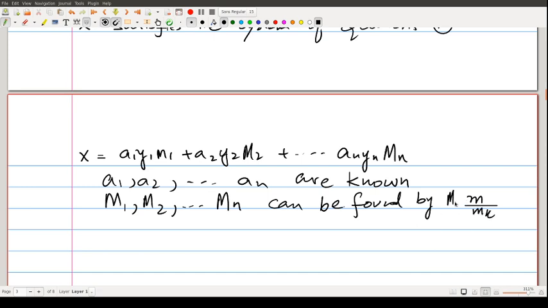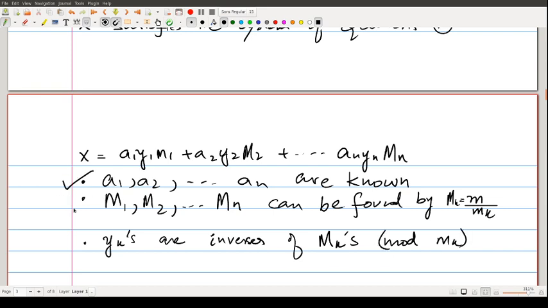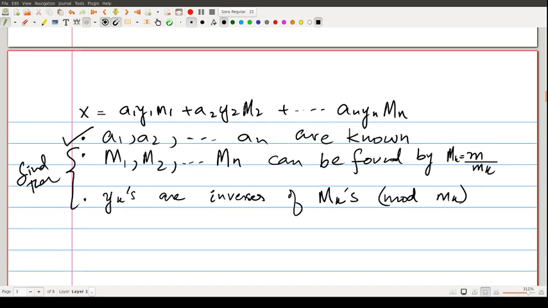And the yks are inverses of the particular capital Mk's modulo small mk. So you find the capital M's and you find the Y's, and then you put them together in this way to construct this x, and you will have the solution to your system of equations. So does that answer your question, Kiblatan?